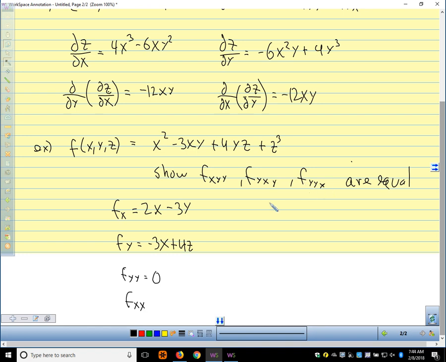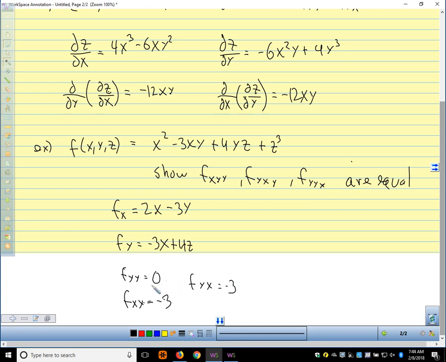We don't need xx, okay? So we use x, y. F sub xy is negative 3. Do we need any others? F sub yx is negative 3.